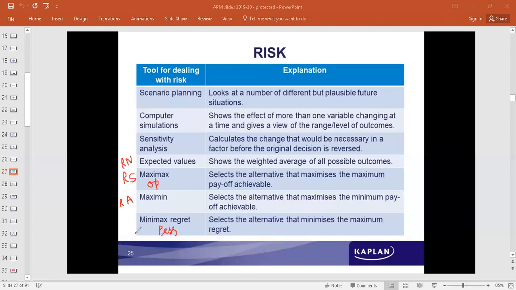So people with a pessimist attitude choose minimax regret. They are also risk averse. They look at the regret which is associated with the alternatives not chosen, and base their decision on that.